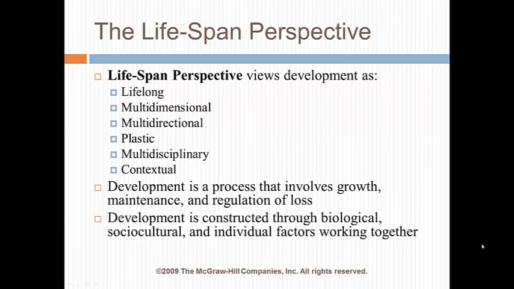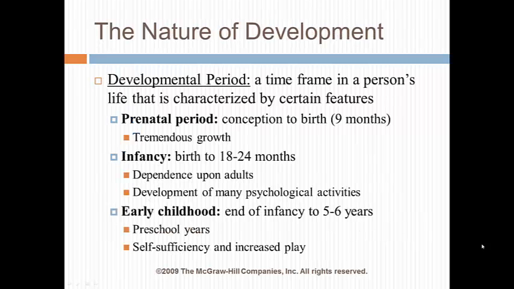Plastic in that there is a capacity for change, multidisciplinary in that development is of interest to psychologists, sociologists, anthropologists, neuroscientists, and others, and contextual in that all development occurs within a context or setting, for example, family, school, friends, and others. Now that we have defined the lifespan perspective, we'll determine the nature of development.